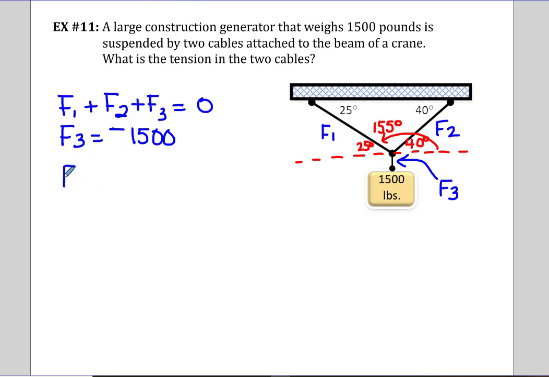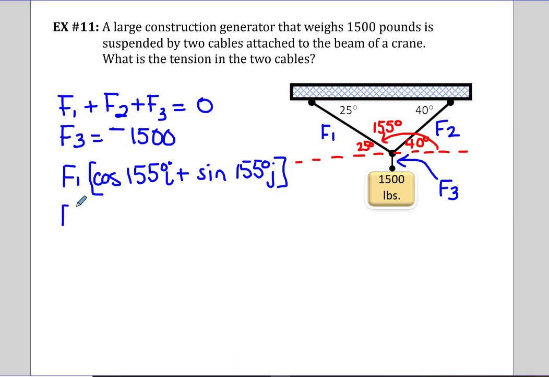So we'll say force 1 times cosine of 155 in the i direction plus sine of 155 in the j direction.